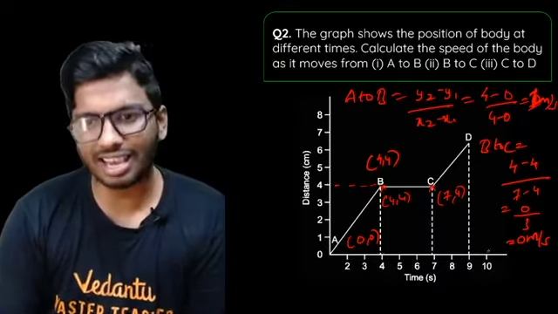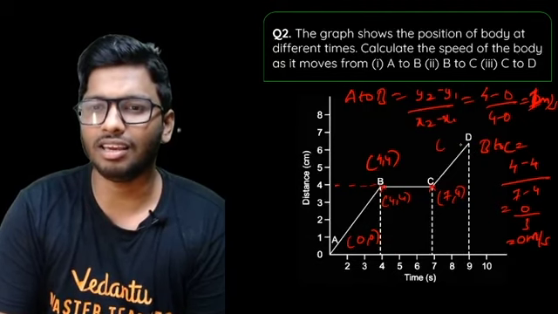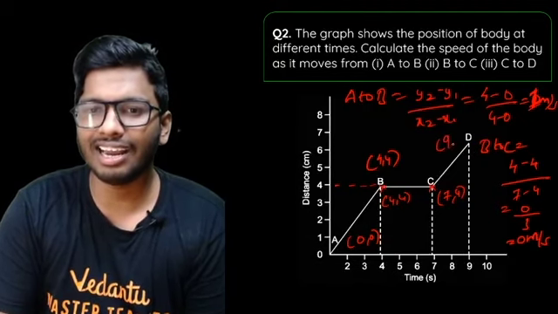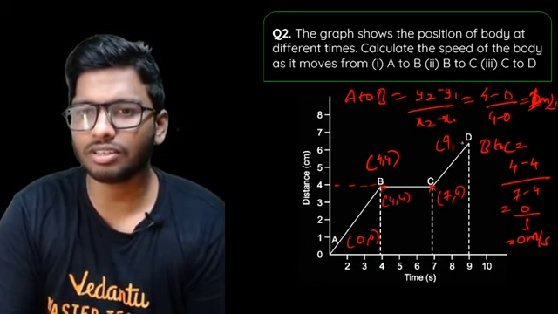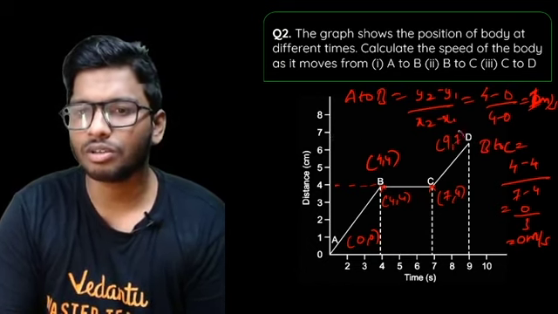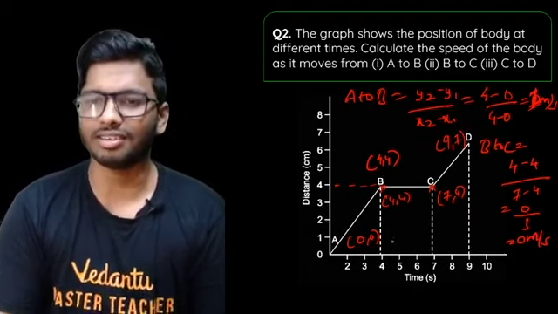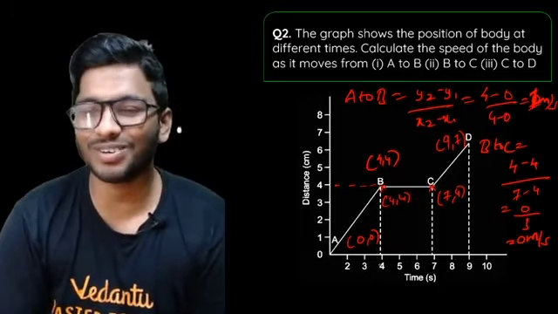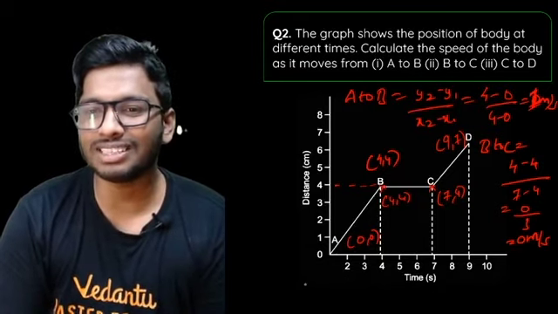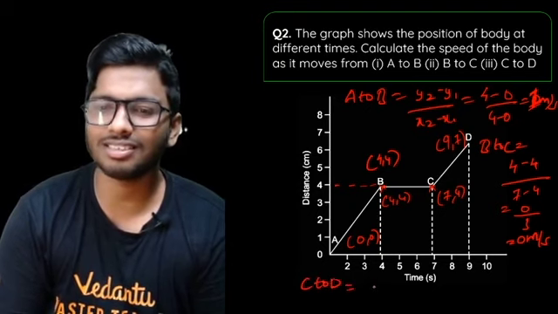For C to D, once again, find out the coordinates over here. So this would be 9 comma, I guess it is 7, so I'm going to take it as 7 for now. So 9 comma 7. I'm just going to write it over here. I know it's a little clumsy, but there is no graph given on that, which is why I had to crunch it all up in one place. So for C to D, you're supposed to find out the slope.